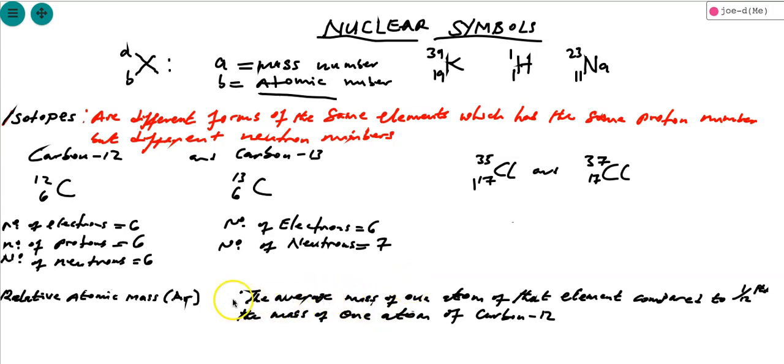So therefore, we have to take an average of the masses. If an atom has only one isotope, we use only the atomic mass. However, if an atom has more than one isotope, we have to work out the average of the individual masses and take into consideration the relative abundance of the isotopes.